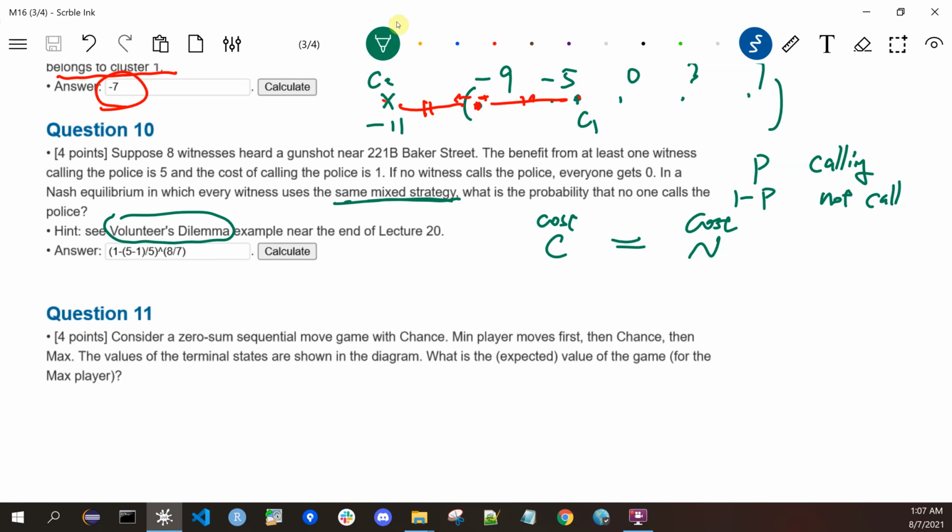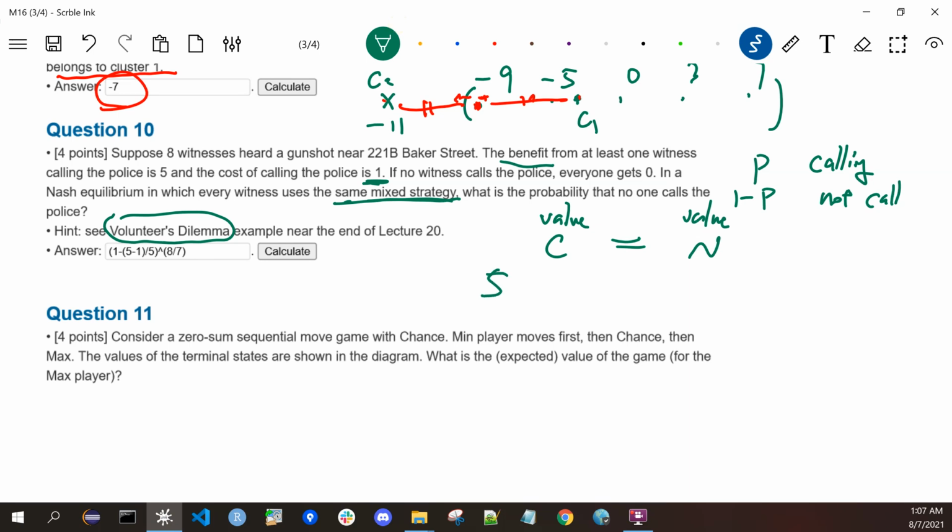And let's compute the cost. So the cost of calling is 1. And the benefit, actually here we are not computing the cost, we're computing the value. The benefit from calling the police is 5.